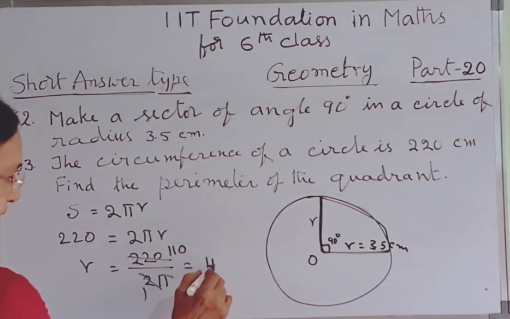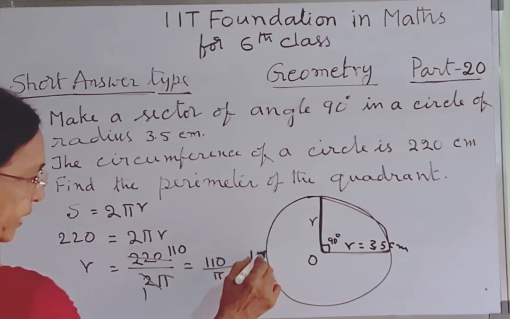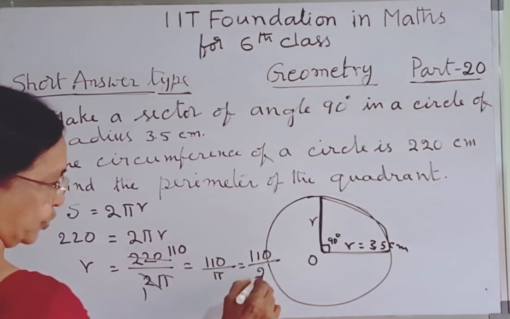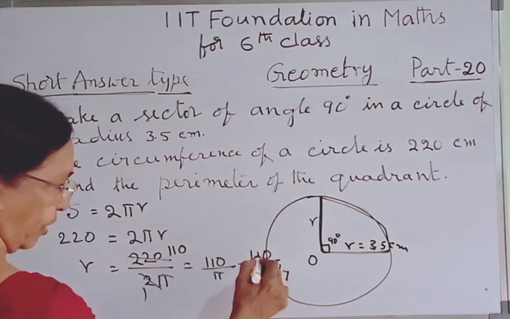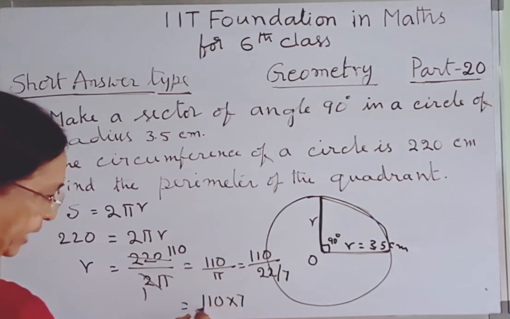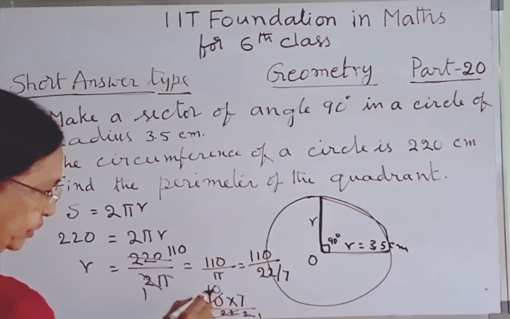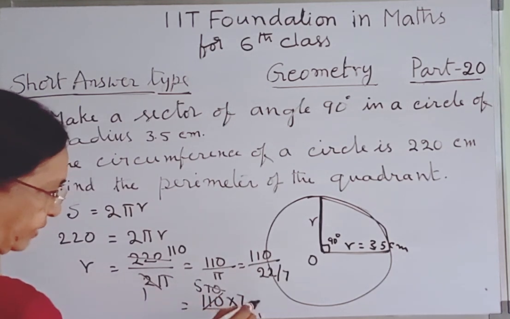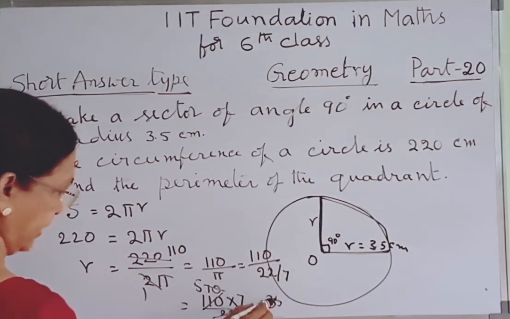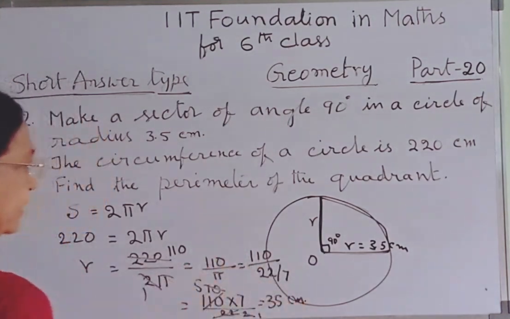That is equal to 110 by pi. So this is equal to 110 by pi, with pi as 22 by 7, which is 110 into 7 by 22. So 11 2s are 22, 11 1s are 11, 0, 2 1s are 2, 2 5s are 10, 5 7s are 35. Therefore the radius of the circle is 35 centimeters.